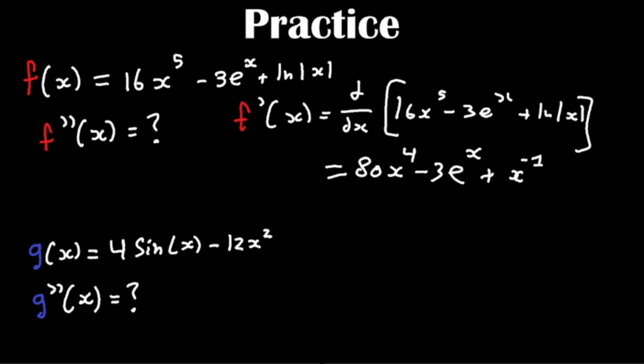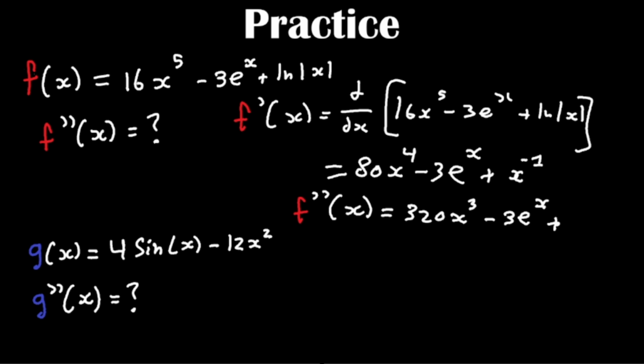So now, to get the second derivative, f double prime, you just differentiate this again. The derivative of 80x to the fourth is 320, and then you bring the power down, x to the third. Negative 3e to the x just stays negative 3e to the x when we differentiate it.